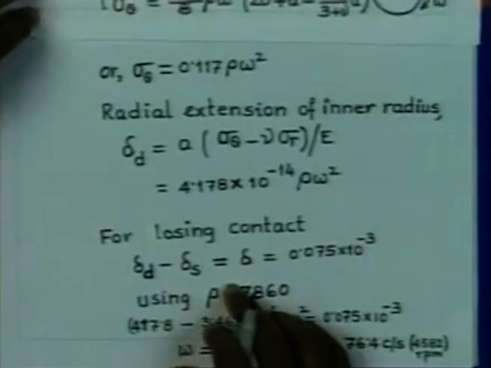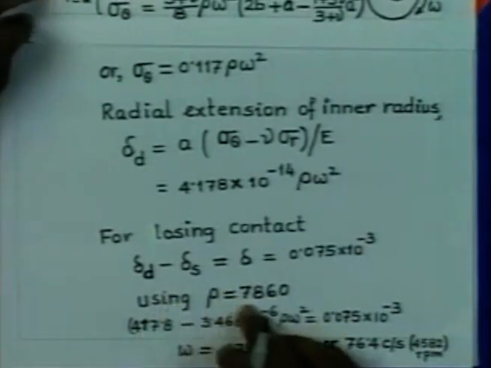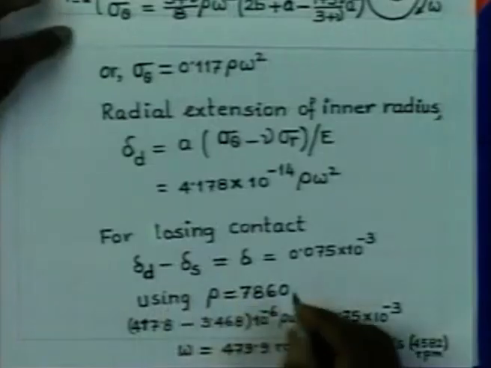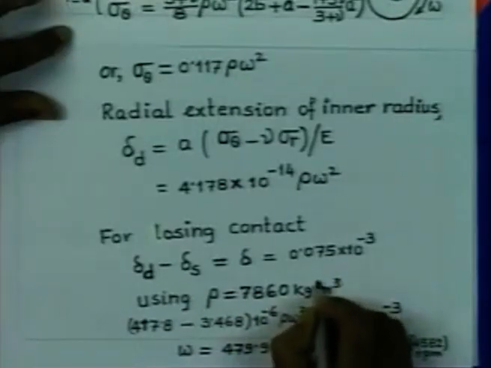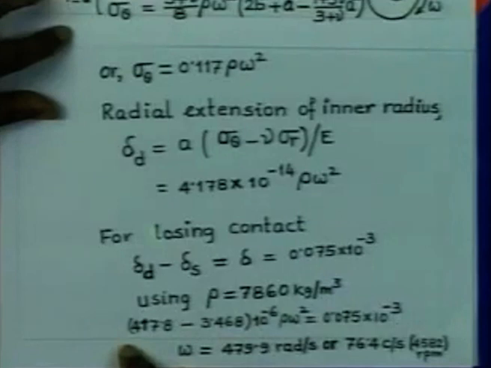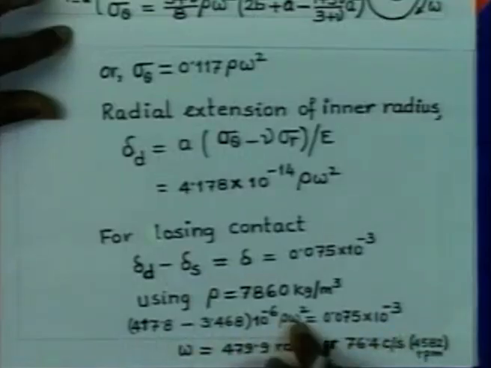If we make use of the density equal to 7860 kg per meter cube, then we just substitute the value, it comes out to be this, and you can solve for omega from this relation.